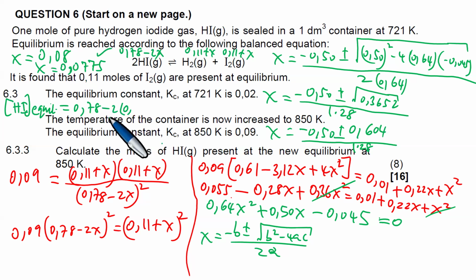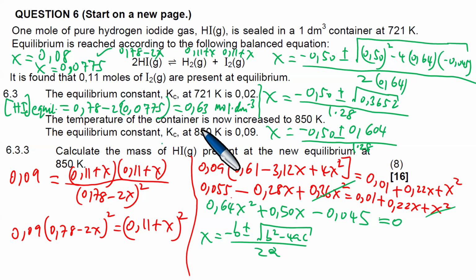Now for this hydrogen iodide, you'd have 0.78 minus 2 times 0.0775. If you use a calculator, then whatever you're getting is 0.63 moles per decimeter cubed.